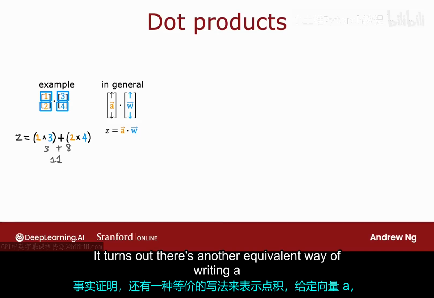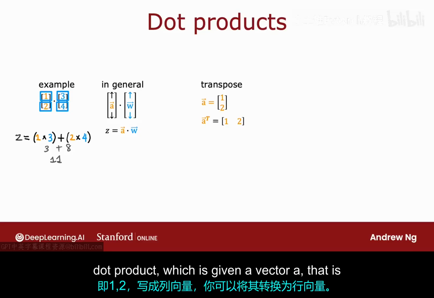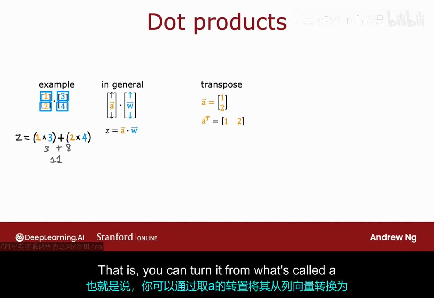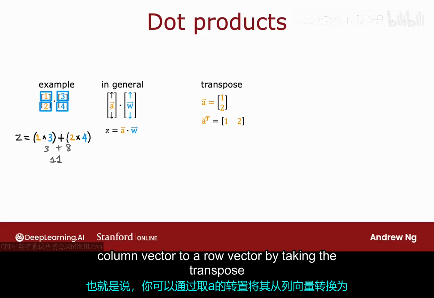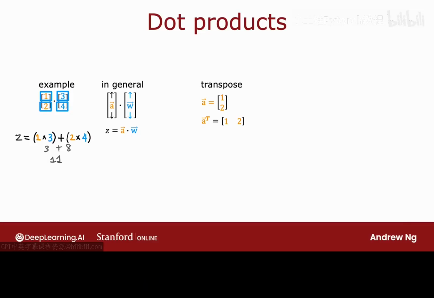It turns out there's another equivalent way of writing a dot product, which is, given a vector a, that is 1, 2 written as a column, you can turn this into a row. That is, you can turn it from what's called a column vector to a row vector by taking the transpose of a. So the transpose of a vector a means you take this vector and lay its elements on the side like this.